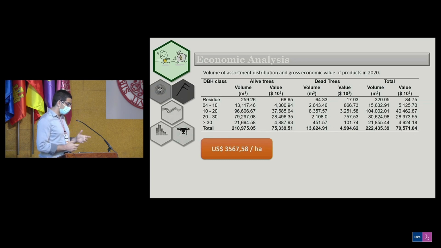So I did the assortment by diameter class, evaluated each class, and transformed it to firewood, because now he's going to sell it as firewood, which is cheaper. It's like $3,500 per hectare of lost money. And this means $5 million for the whole project, in US dollars.